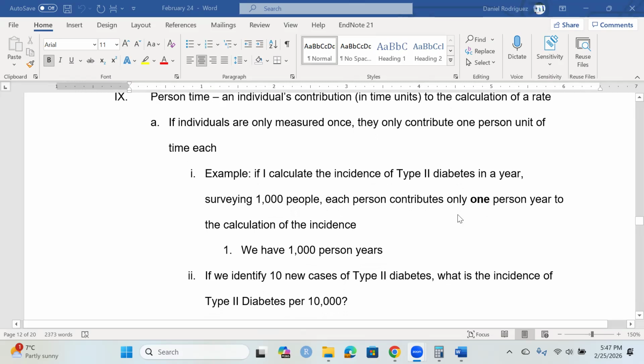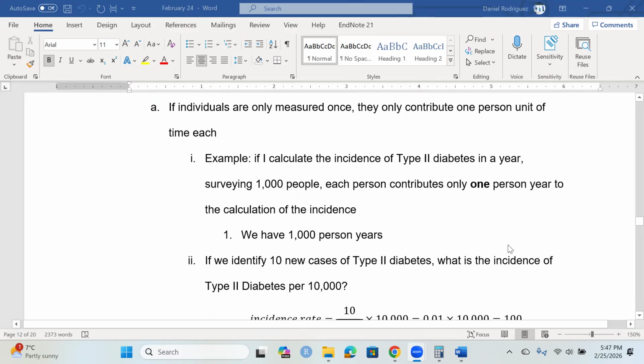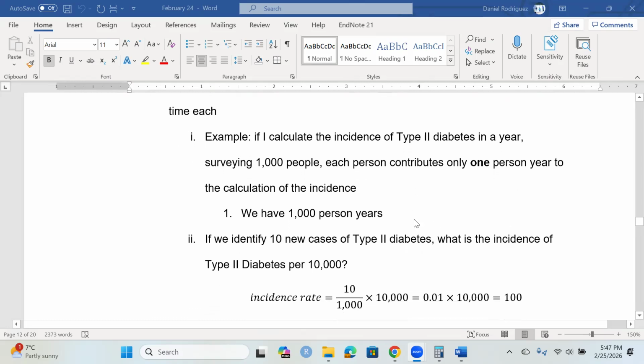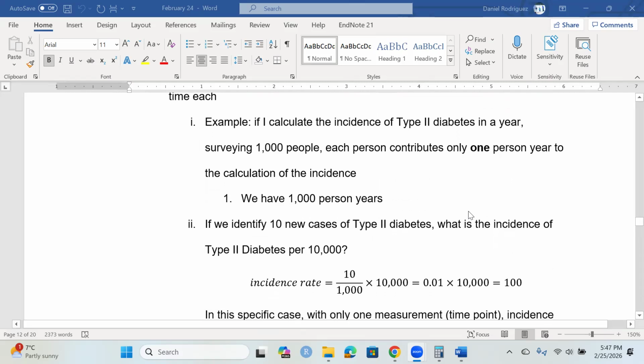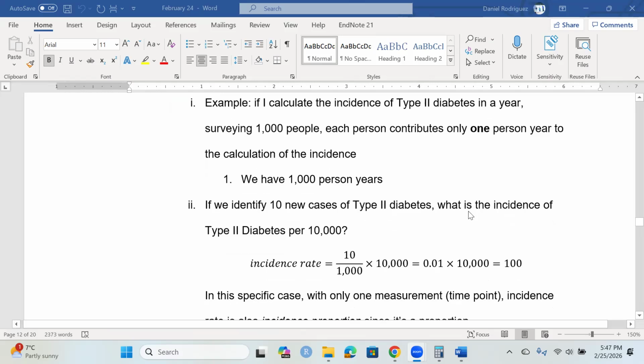If I calculated the incidence of type 2 diabetes in a year and I surveyed 1,000 people, each person contributes only one person year to the calculation of the incidence. In that case, we have 1,000 person years. Okay, so each of the 1,000 people, each individual is measured once. Each individual contributes a year. So we have 1,000 person years.